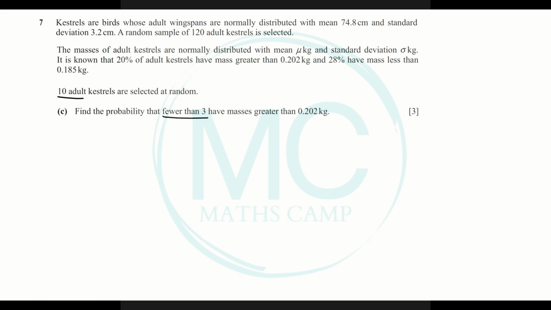When we work with binomial distribution, we use the formula NCR multiplied by P with an exponent of R multiplied by Q with an exponent of N minus R. We're working with 10 birds, so N is 10.